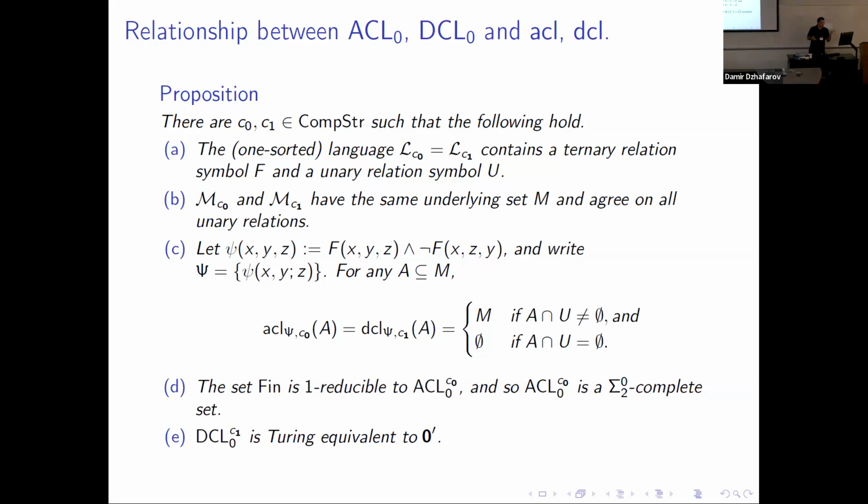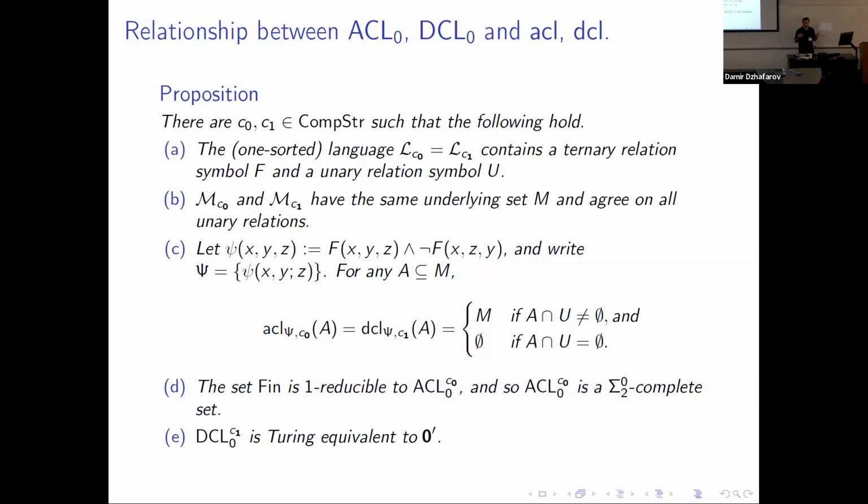And we have a single formula, which is definable in terms of the ternary relation. It has the property that in the first structure, the algebraic closure and the definable closure are equal and they're trivial. Basically, if your set does not intersect the unary relation, then you're everything. And if you do intersect the unary relation, then you're nothing.